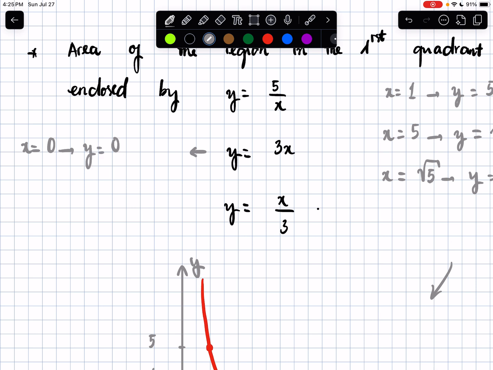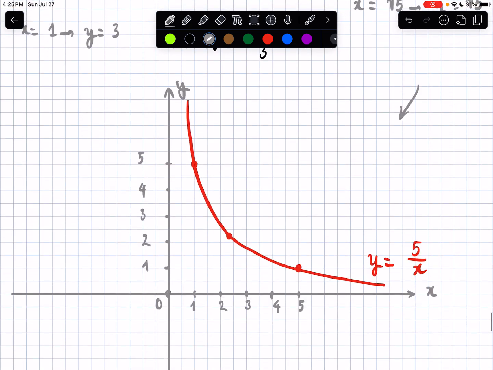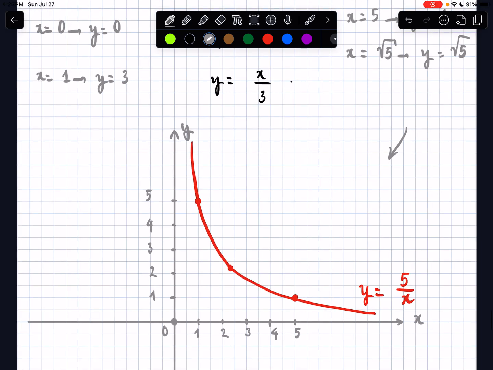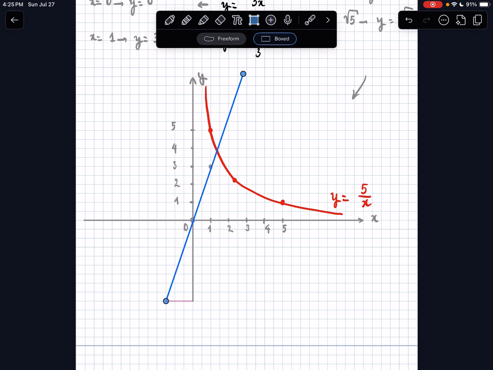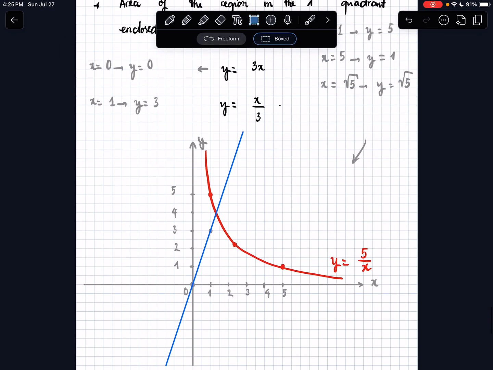The second one is x equal to, say, 1, then y is 3 times 1, so 3. So (0, 0) is on the line, and the second one (1, 3) is on the line.